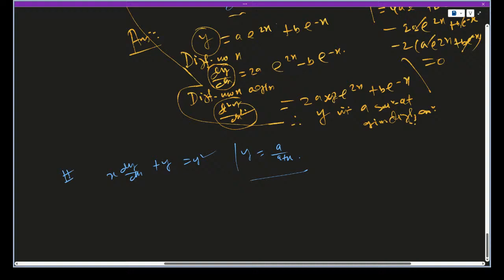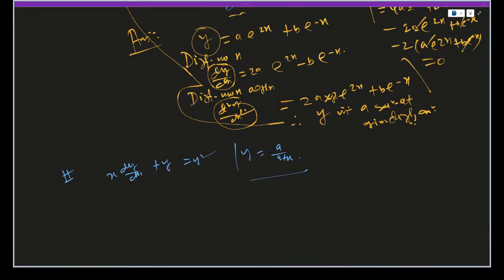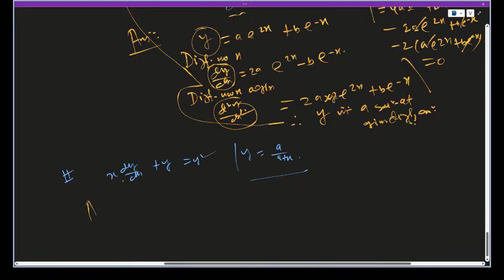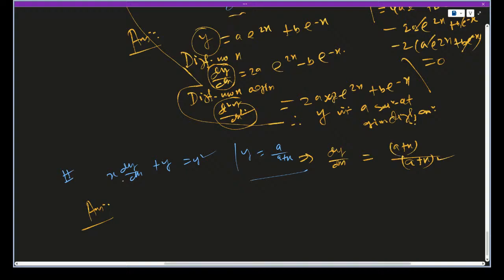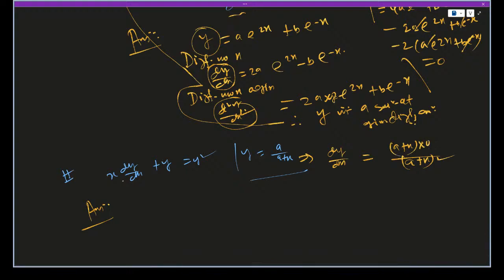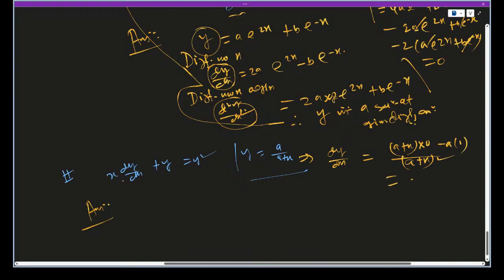Will you check or shall I do it? x dy by dx plus y equal to y square. Just find dy by dx. So it is 0 minus a into 1, over a plus x whole square.